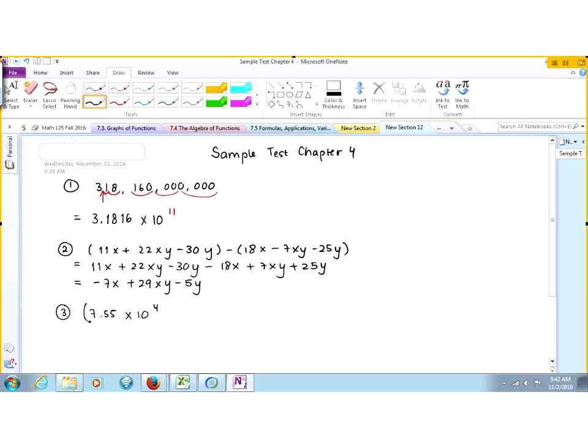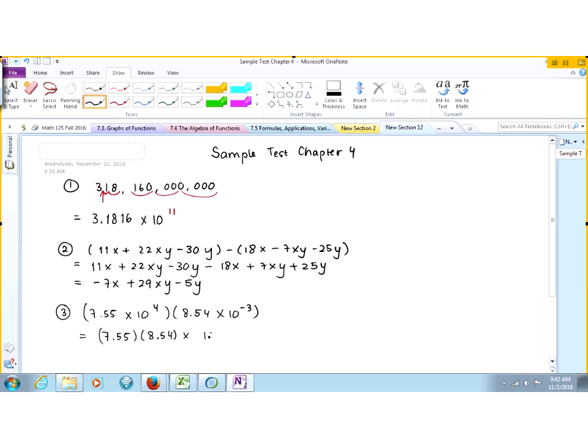Now, number 3 is again scientific notation. 7.55 times 10 to the 4th multiplied by 8.54 times 10 to the negative 3. What am I supposed to do here? We multiply the numbers, 7.55 multiplied by 8.54.